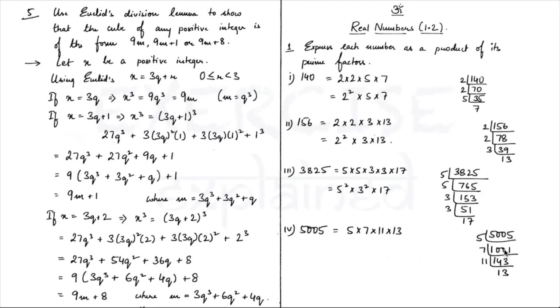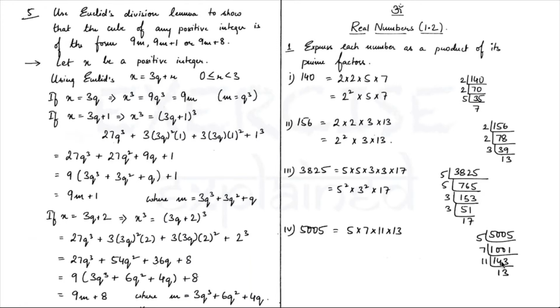It is not divisible by 3 also, because sum of digits gives me 2, which is not divisible by 3. Next number is 5. It is not divisible by 5. Now I check for 7. So I check this for 7, and when I check it for 7, I basically get it is divisible, and I get the quotient as 143.